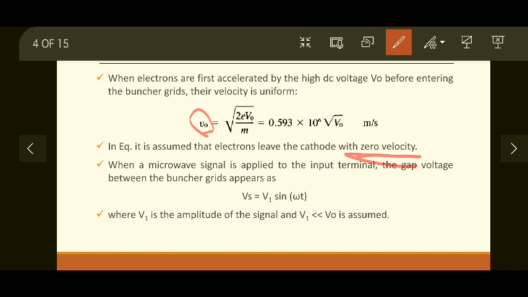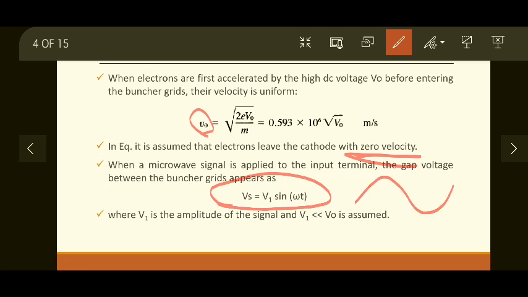When a microwave signal is applied to the input terminal, the gap voltage between the buncher grids appears as follows. This is the equation for the microwave signal, given by Vs equal to V1 sine omega t.